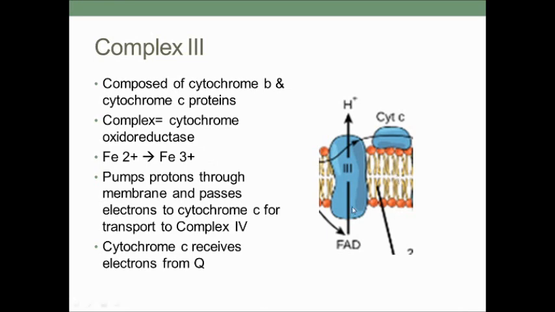Complex 3 will pump protons through the membrane, and it will also pass electrons on to cytochrome C for transport to complex 4. So you can see that each complex is transferring electrons to each other while pumping ions across the membrane. So the only transfer between complexes is of electrons. Ions are being pumped across the membrane.